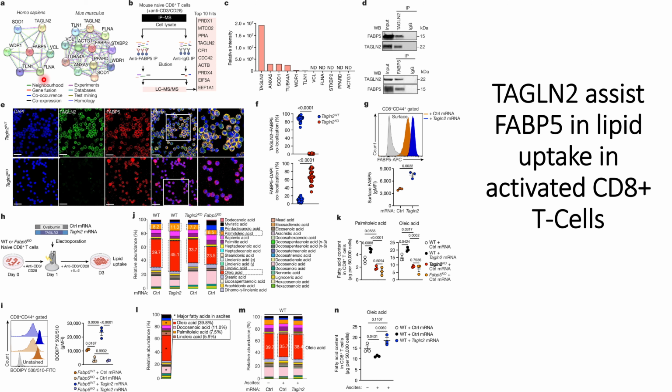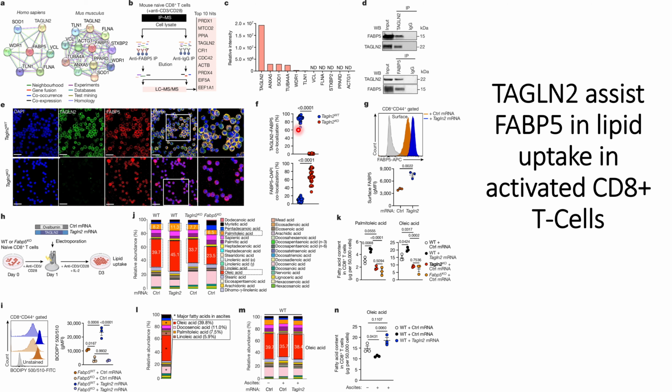To check their hypothesis, they used TAGLN2 knockout cells and TAGLN2 wild type cells, and did immunofluorescence staining. What they saw is that in the wild type cells, TAGLN2 and FABP5 proteins are expressed in a way that FABP5 is on the cell surface, surrounding the DAPI signals.